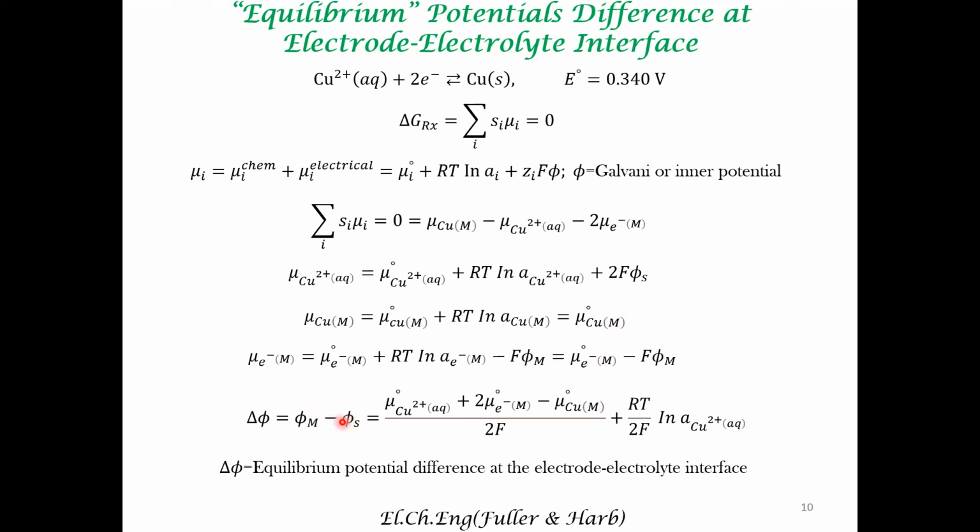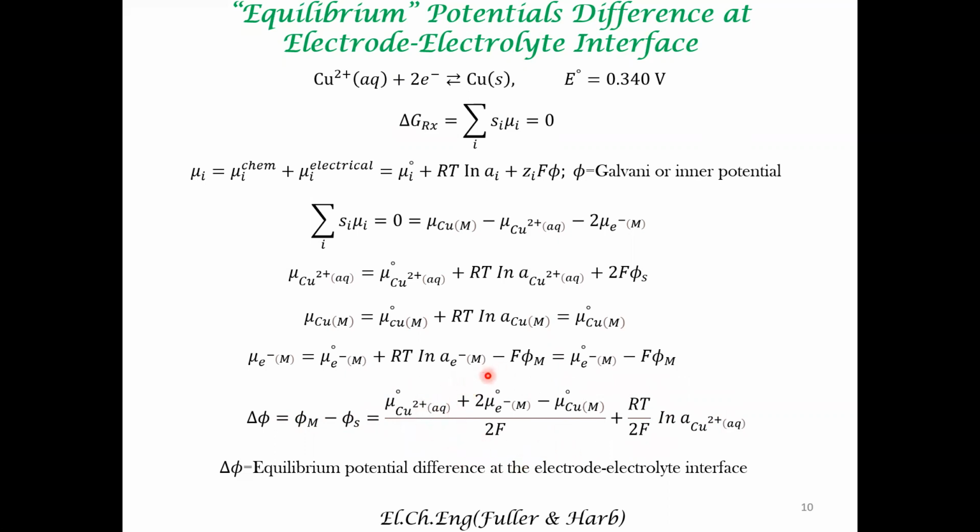These two go by different names. This goes as the Galvani or inner potential. This potential difference, where does it reside? This potential difference resides at the electrode-electrolyte interface. This potential difference can be interpreted using this chemical thermodynamic relationship.